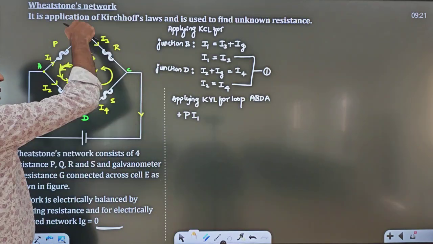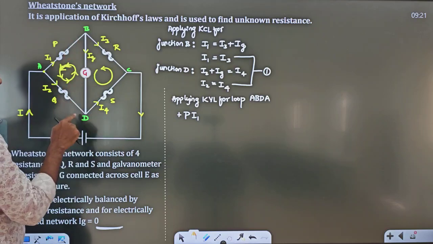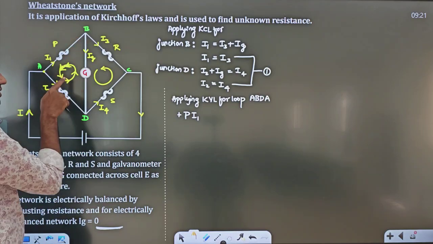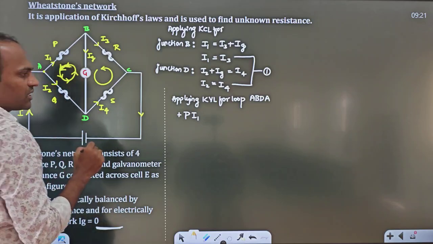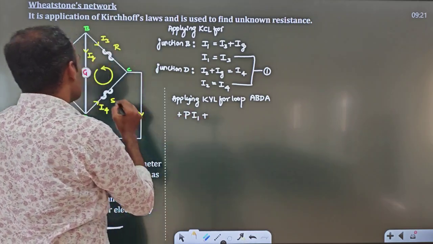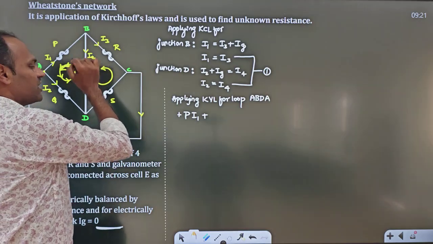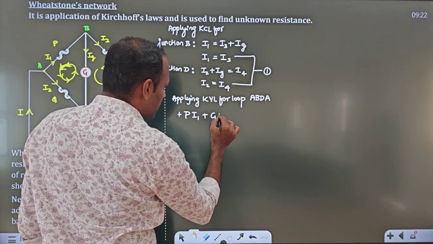Come to this branch. In the branch BD, the current IG is flowing downwards. The direction we have taken is upwards. So these both directions are opposite. Opposite is plus. Resistance is G, current is IG. So G into IG.